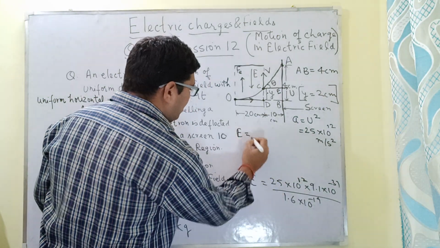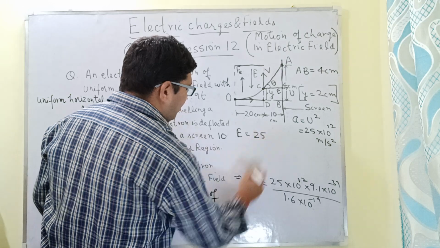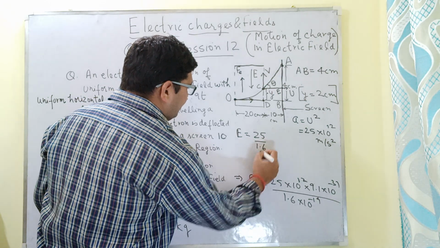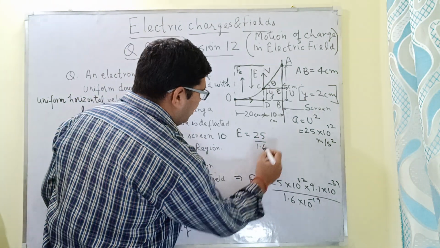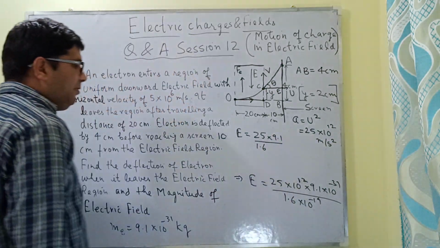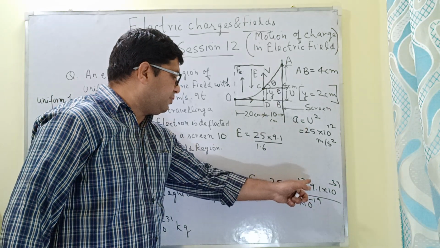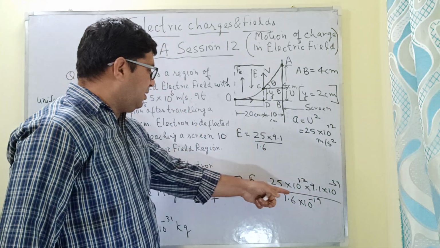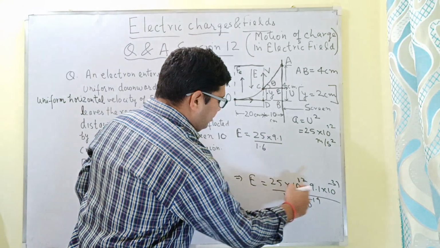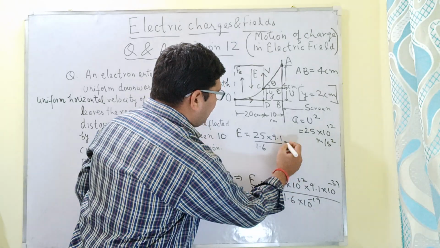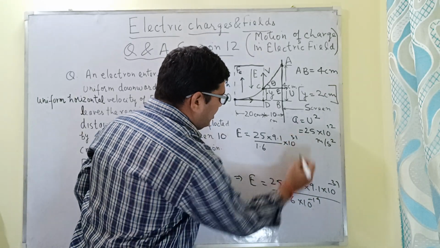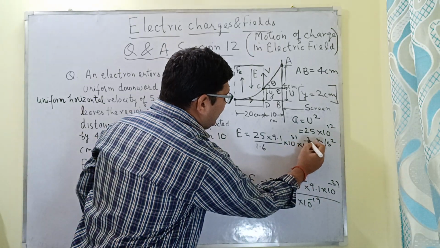E will be equal to 25 divided by 1.6 into 9.1, and now this is 10 to the power 12, and this 10 to the power minus 19, when it comes into the numerator, it will become 10 to the power 19. That will be 10 to the power 12 plus 19, which is 31, into 10 to the power minus 31.